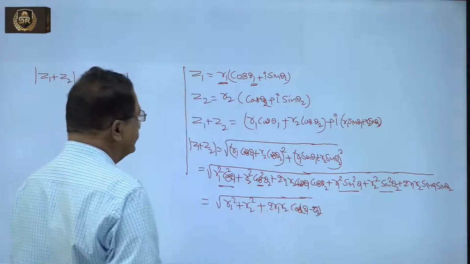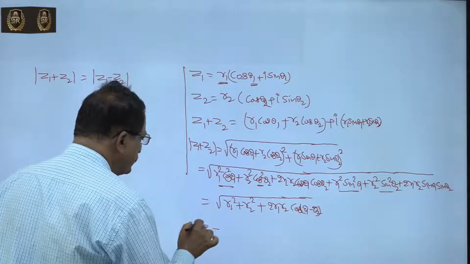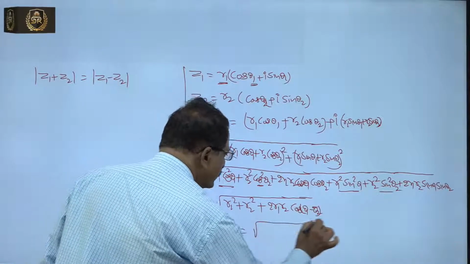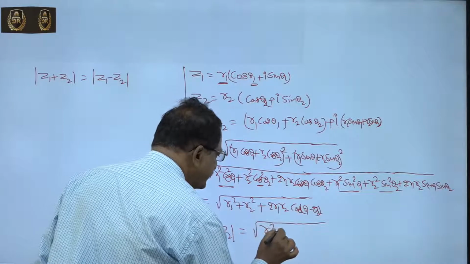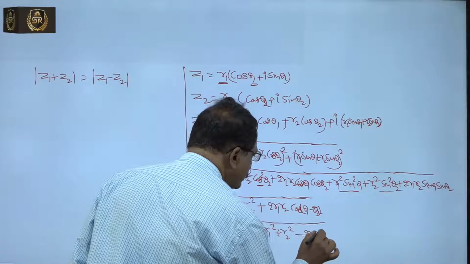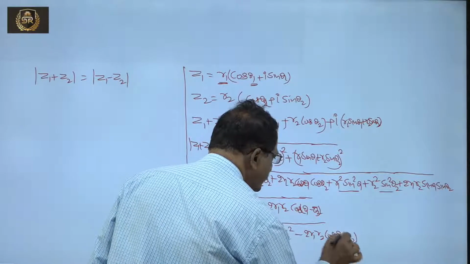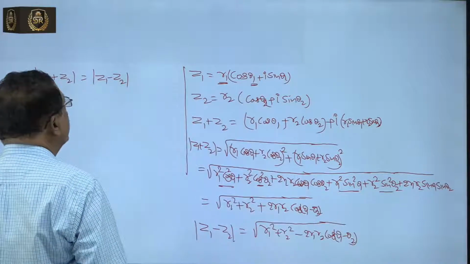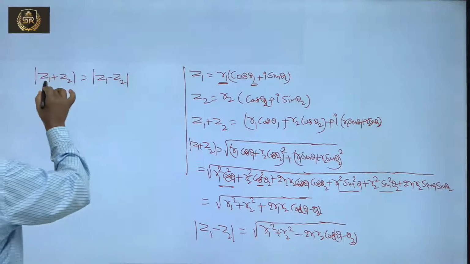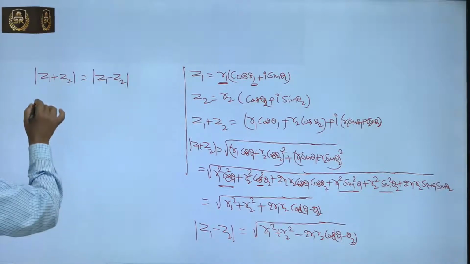Similarly we get mod of z1 minus z2 equals square root of r1 square plus r2 square minus 2 r1 r2 cos of theta 1 minus theta 2. Okay. Now here mod of z1 plus z2 equals mod of z1 minus z2 given.